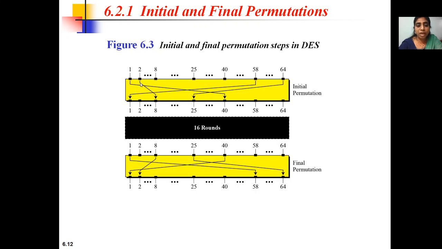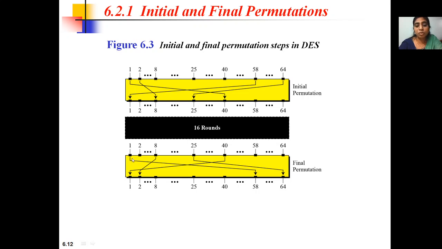My second value, or my 2nd bit, becomes the 8th bit in the initial permutation. Similarly, my 25th bit value is nothing but the 64th bit in the plain text. In a similar way, we are going to have the final permutation also.